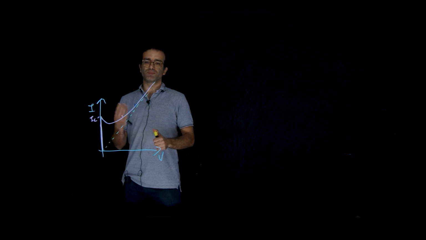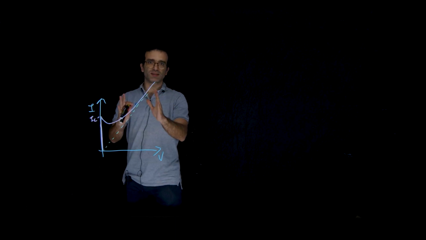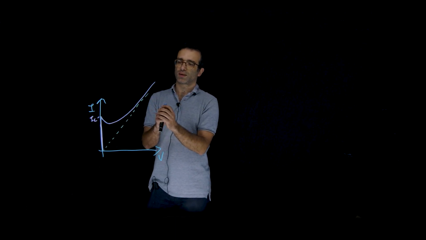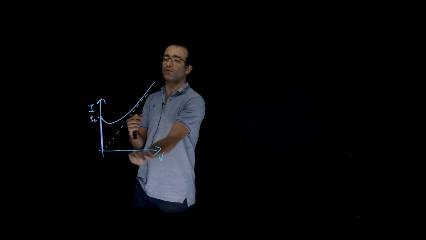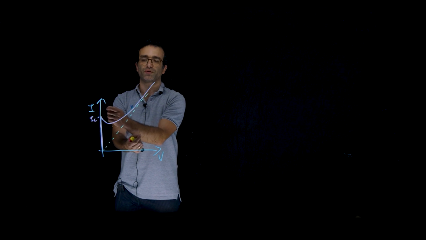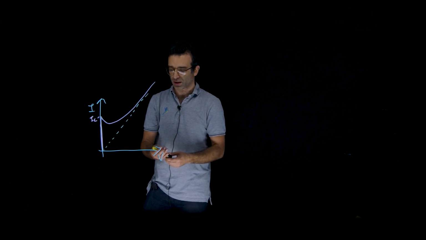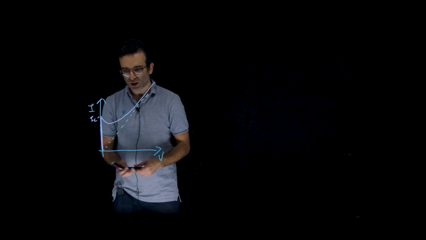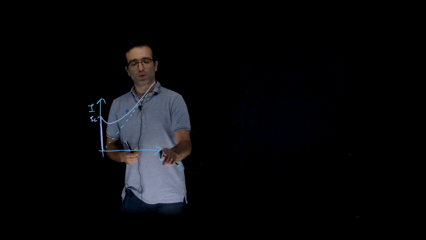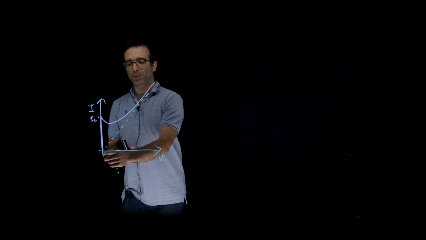So now you see that with this graph, imposing the voltage and measuring the current, or vice versa, is not exactly the same. Let's look at it carefully. If I impose the voltage, I have a problem here.